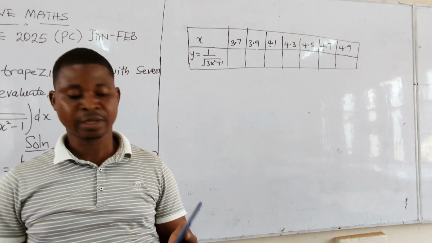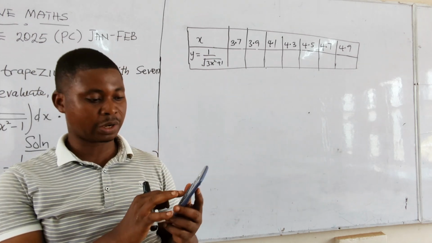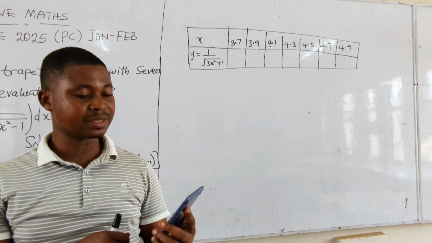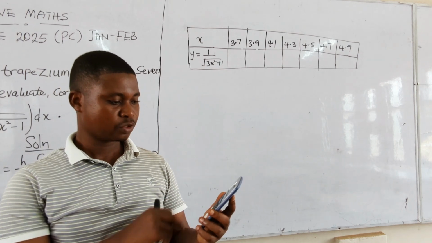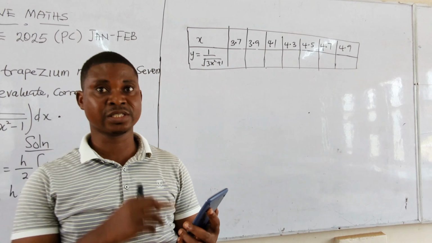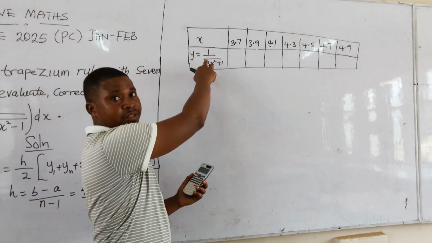In this one, you go to your calculator mode. When you point the mode, you see table, and table is number 7. So you press 7, and you see that you have f of x is equal to, then you type in this function.